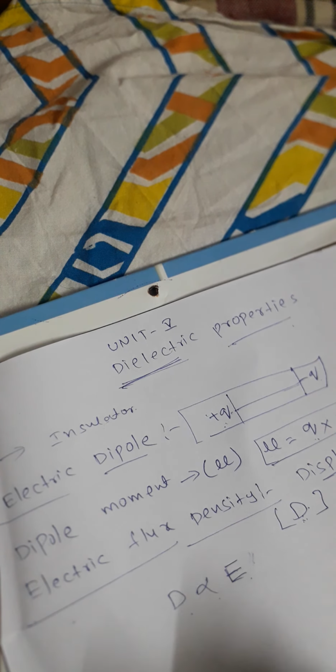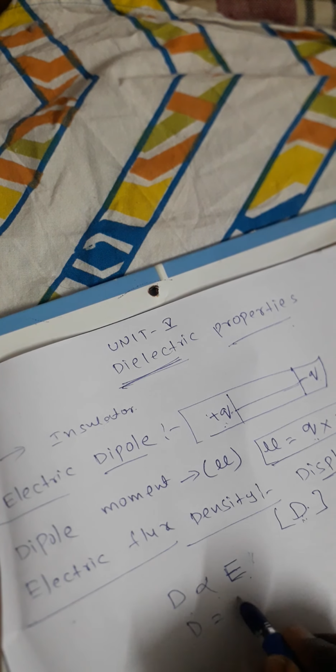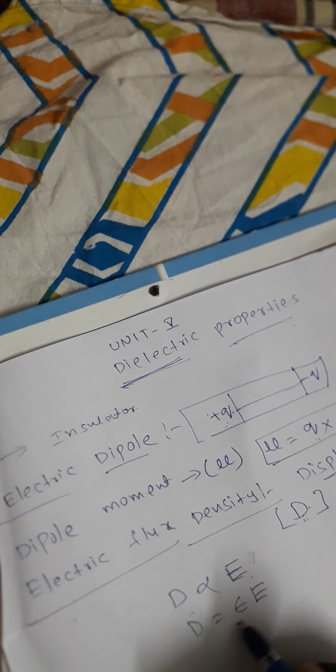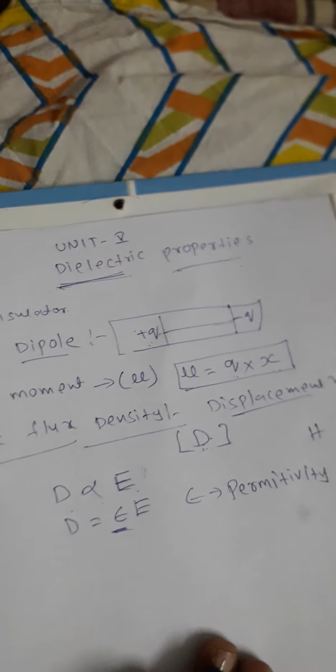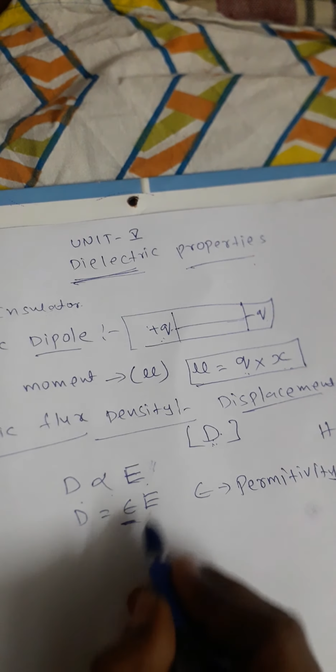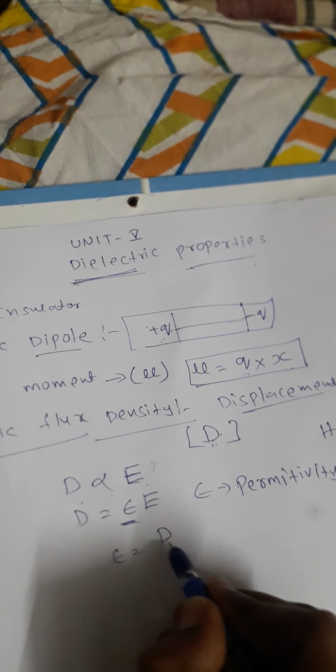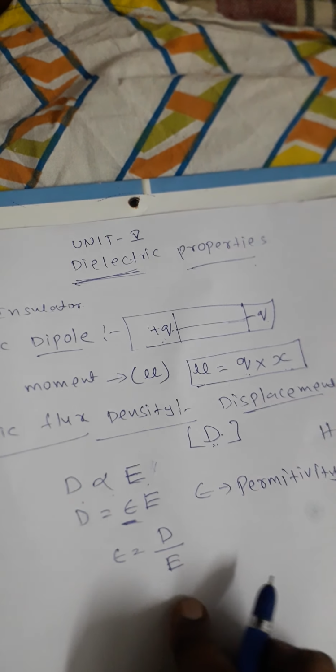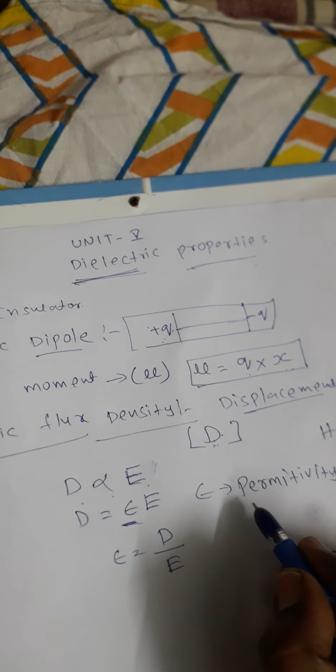D is directly proportional to E, so D equals epsilon times E. Epsilon is permittivity. Permittivity is D by E: the flux density per unit electric field.